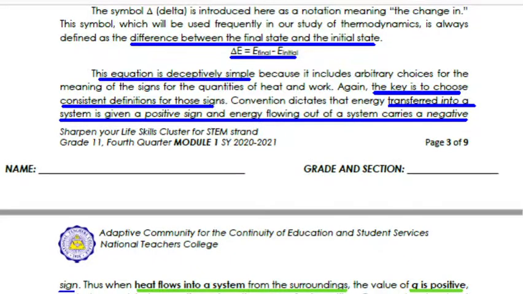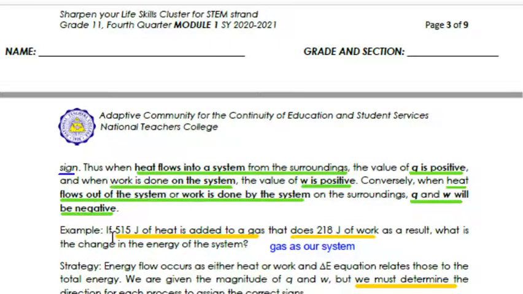So, for example, if 515 joules of heat is added to a gas that does 218 joules of work as a result, what is the change in the energy of the system? First is to identify which is the system. So, gas is our system.